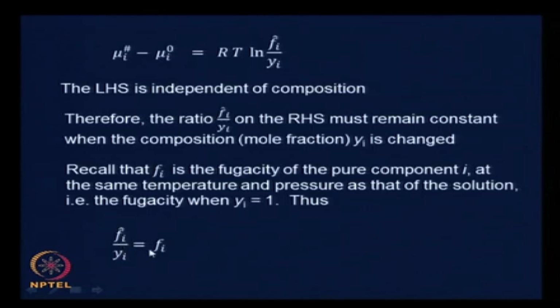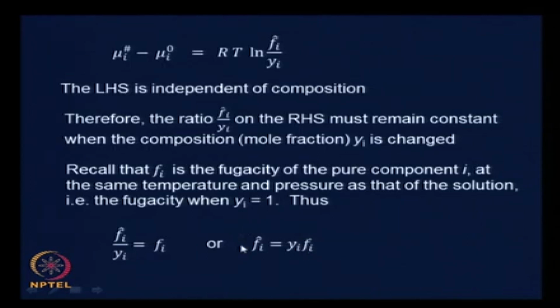expression: f_i hat by y_i must be equal to f_i by 1. f_i hat is the fugacity of the component in the solution, and f_i is the fugacity of the pure component when y_i equals 1, and therefore in such a case f_i hat can be written as y_i times f_i, which became powerful because we could get an estimate of f_i hat, not so easy to determine a quantity, as a function of y_i and the fugacity of the pure component.